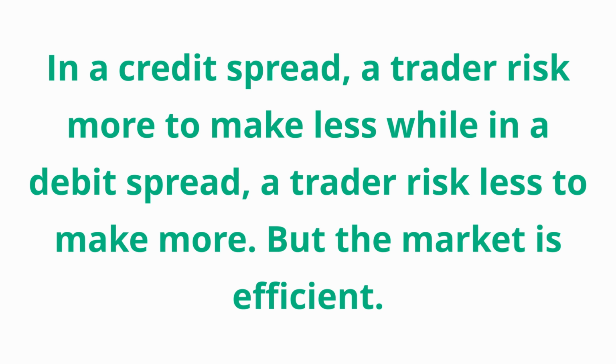Generally, in a credit spread, your profit is smaller than potential losses, while in a debit spread, your loss is smaller than potential profit. However, a trader is more likely to profit in a credit spread compared to a debit spread. When you place a credit spread, you want the stock to expire out of the money.